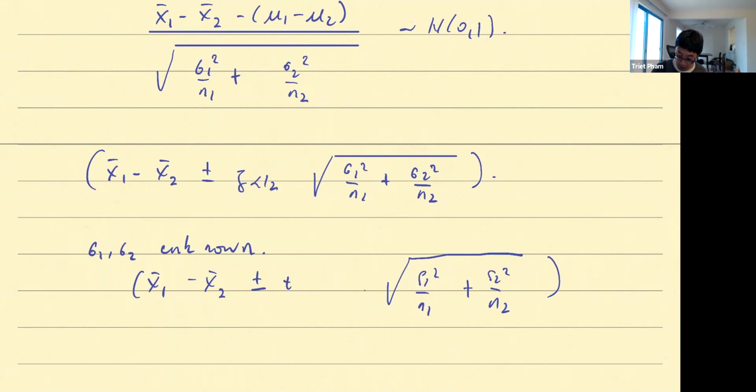In the interest of time, let me tell you that if you were to put the t in here, the degrees of freedom would be n1 plus n2 minus 2. You lose 2 degrees of freedom for estimating x bar 1, x bar 2. But even then, this is wrong. This is not going to be right unless you assume that sigma 1 and sigma 2 are the same. But if that's the case, then that's not the estimator to begin with.